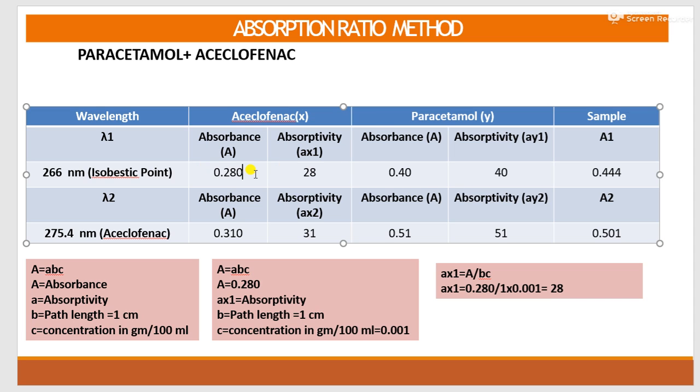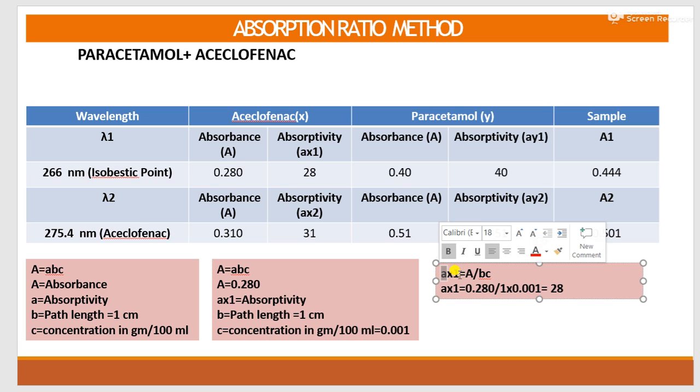Here lambda 1 is the isoabsorptive point, 266 nanometer, and lambda 2 is the lambda max of aceclofenac, that is 275.4. This is the absorbance, 0.280. We will calculate the absorptivity for this value. So absorptivity small a is equal to capital A by bc.